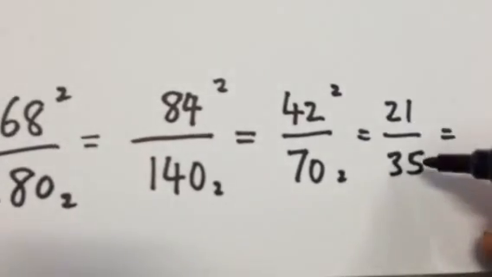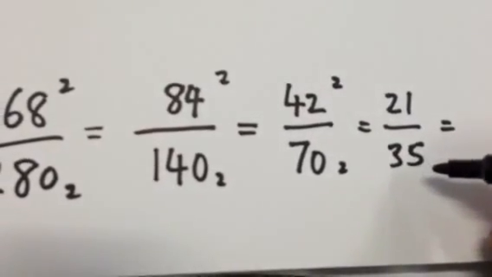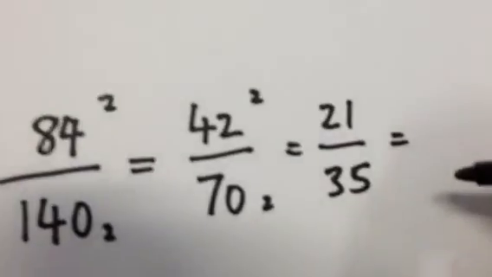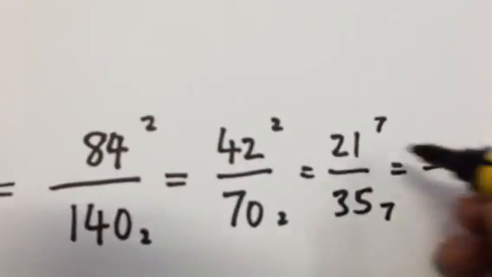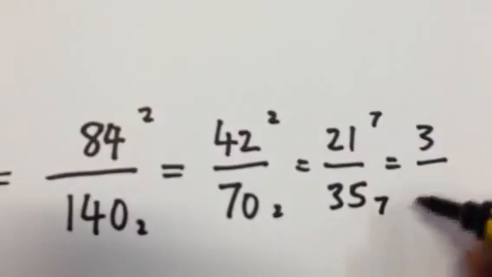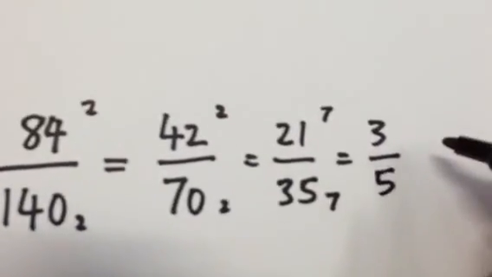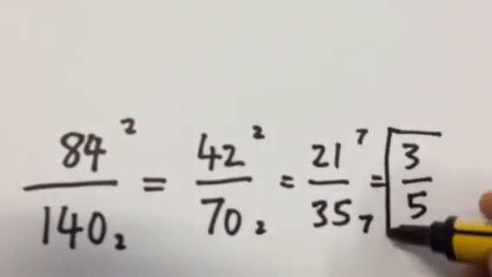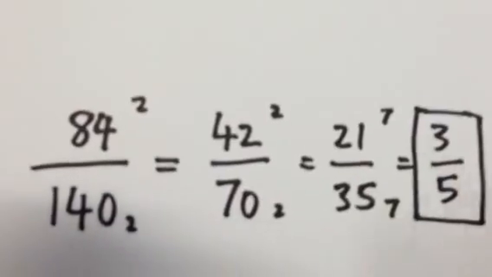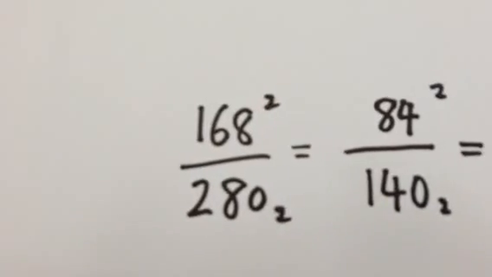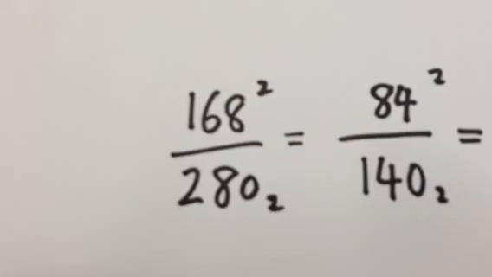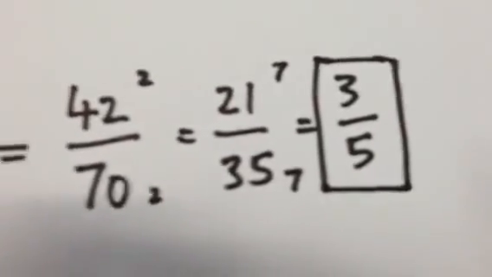So I'm looking at 21 and 35 and thinking, what is the number that goes into both of those? They're both in the 7 times table. So 3 7s are 21 and 5 7s are 35. So there I've got a fraction that can't be simplified anymore. 168 over 280 is 3/5.